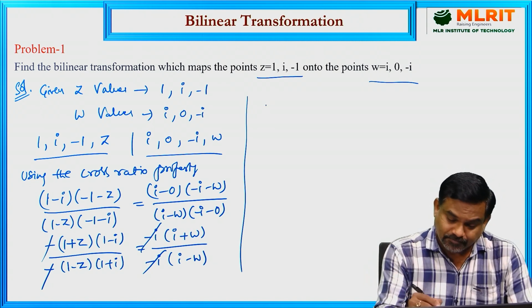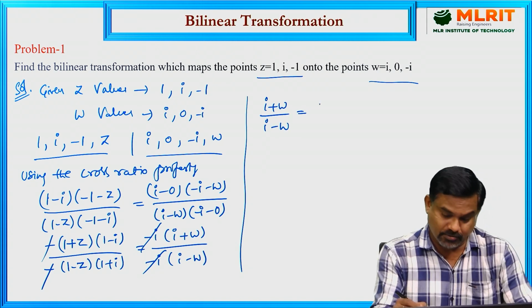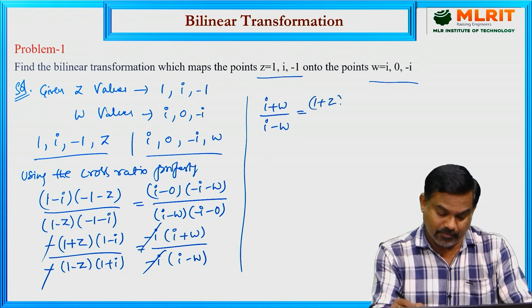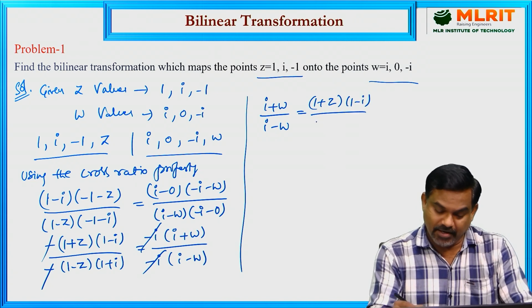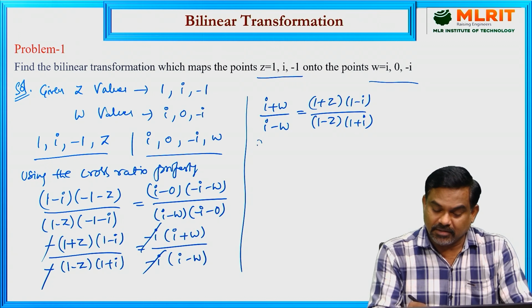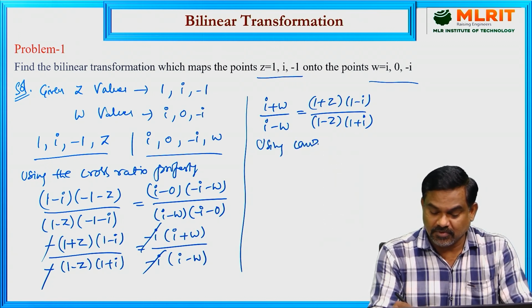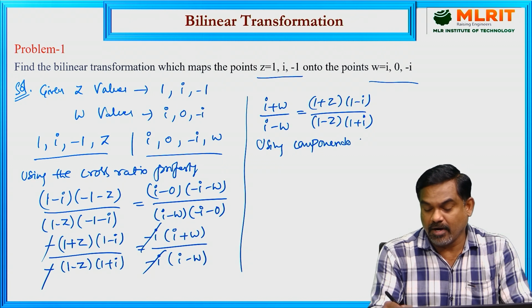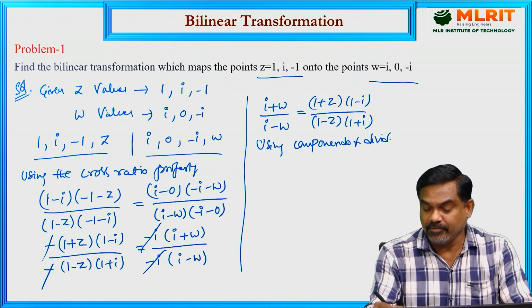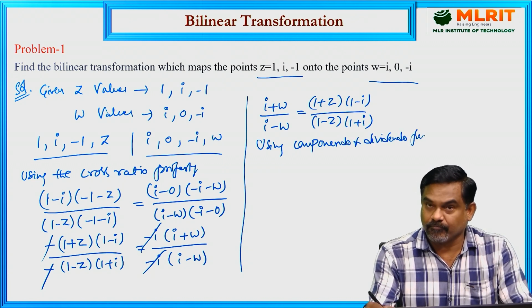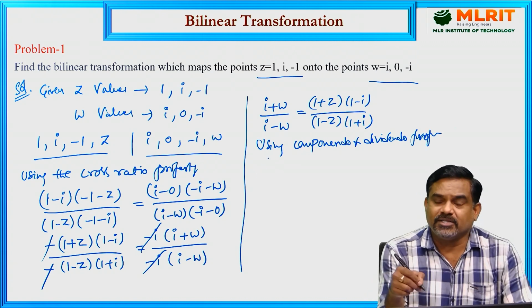Now here (i + w)/(i − w) is equal to (1 + z)(1 − i)/((1 − z)(1 + i)). Now using the componendo and dividendo property, so what is that property?